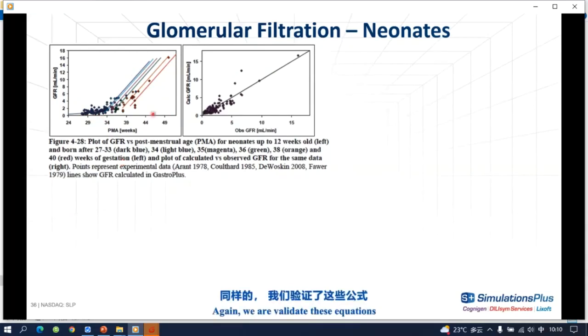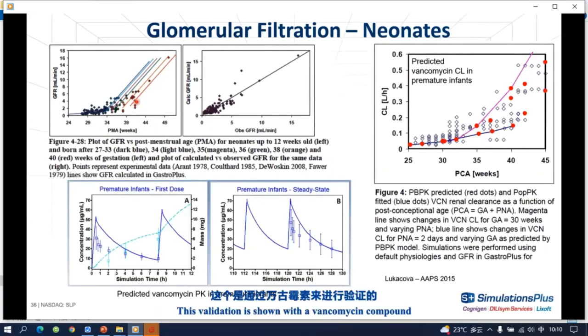And again, we have validated these equations that account for both the gestational age as well as the age post-birth. And this validation is shown with a vancomycin compound, which again is eliminated by renal secretion, and glomerular filtration is the good indicator of its clearance.